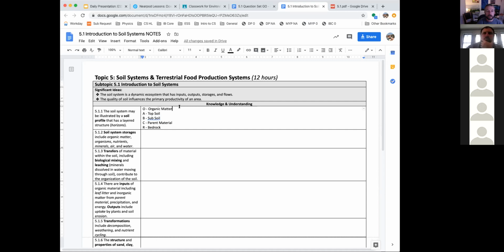What direction does water flow in through this column? Does it flow down from the organic matter to the bedrock, or does it flow up from the bedrock to the organic matter?